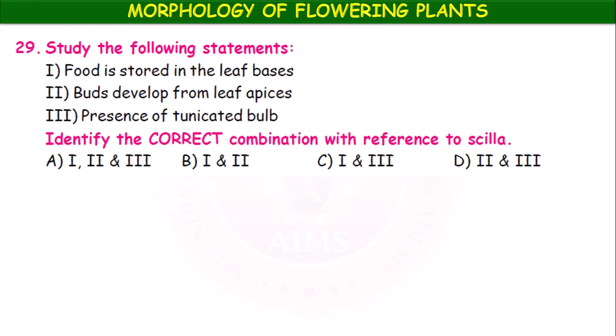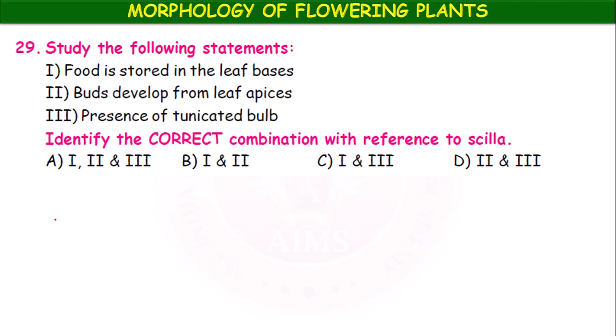Okay, study the following statements. Food is stored in the leaf base. Buds develop from leaf apices. Presence of tunicated bulb. Identify the correct combination with reference to Scilla.